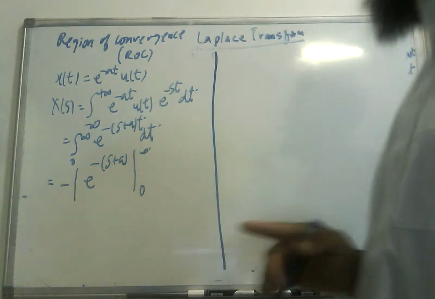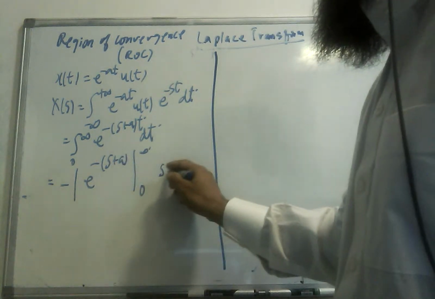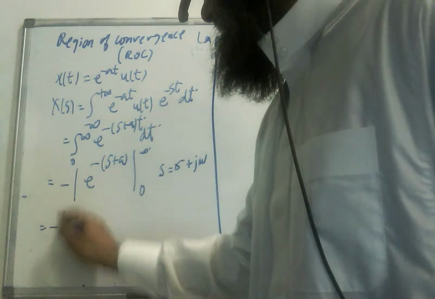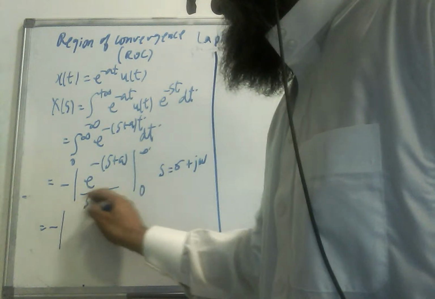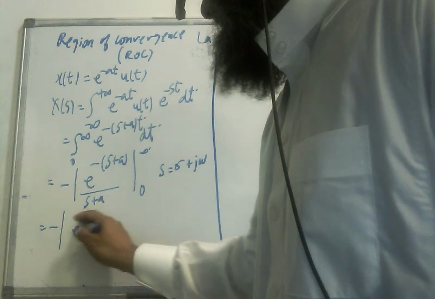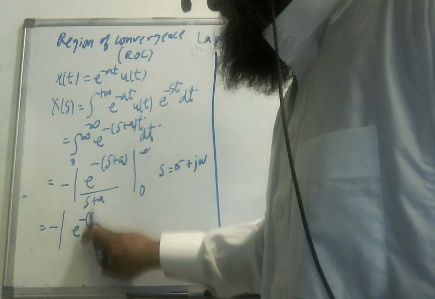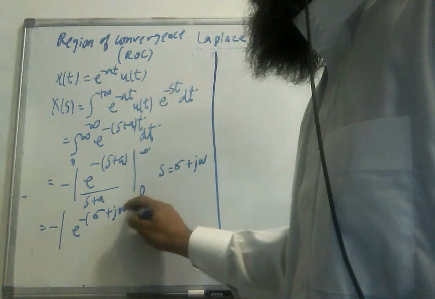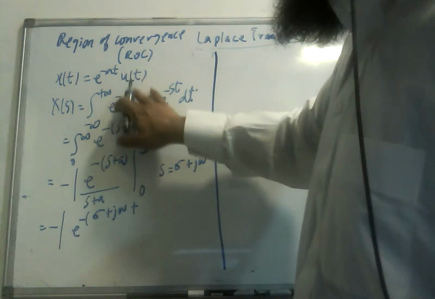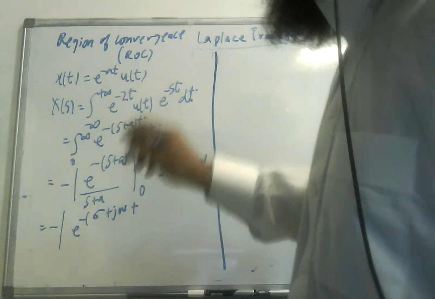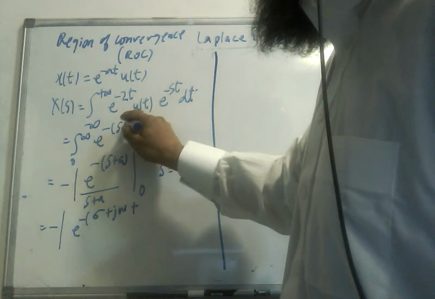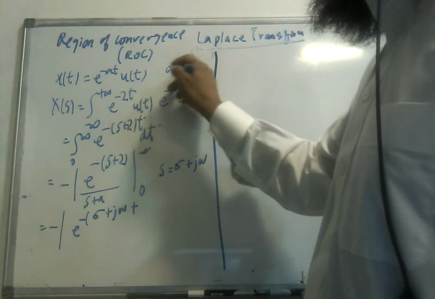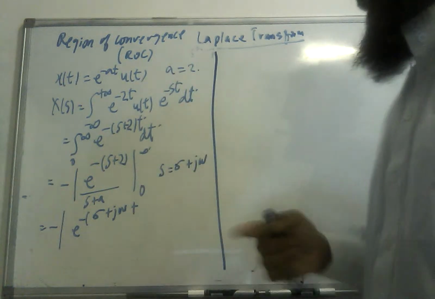Now, to find the region of convergence, I have to replace s by sigma plus j omega. In this example, I assume that a is 2 to make things more understandable, because it will be a more realistic problem.